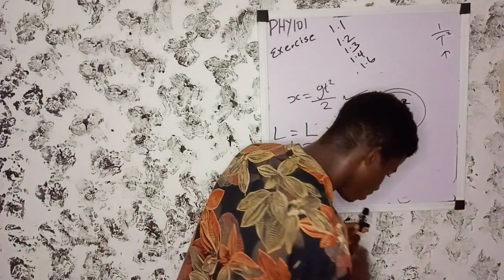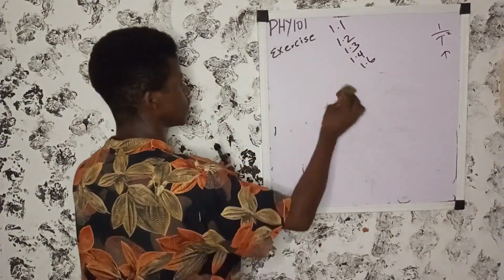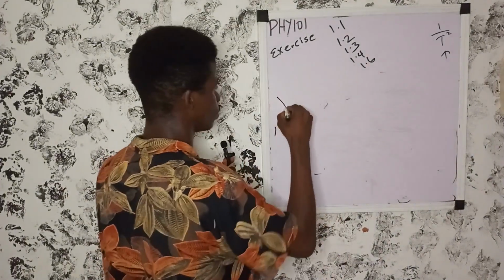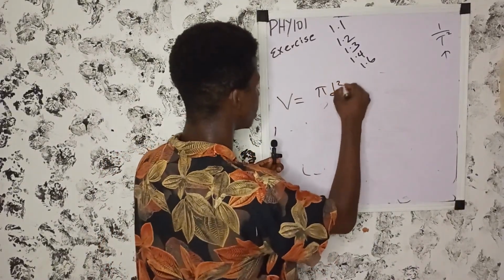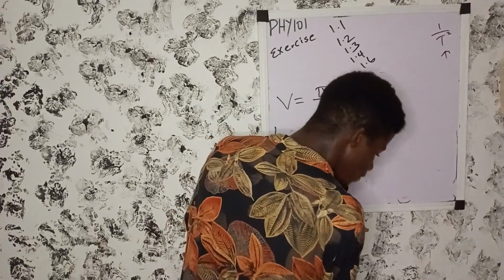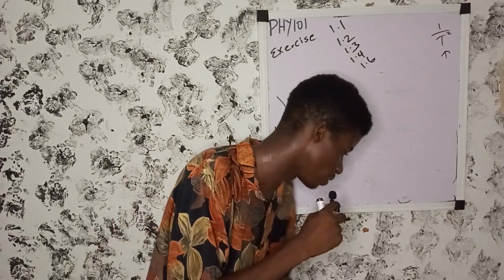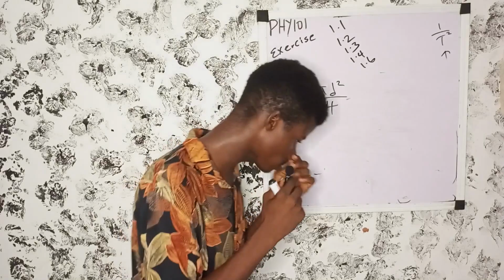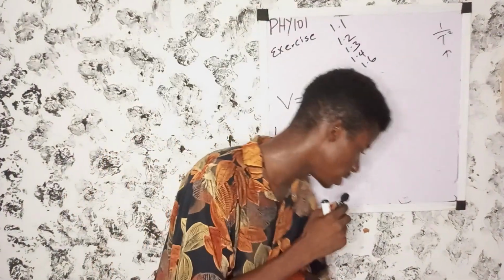So the last part, exercise 1.1. They said you are told that the volume of a sphere is V equals pi d square all over 4, where V is the volume and D is the diameter.